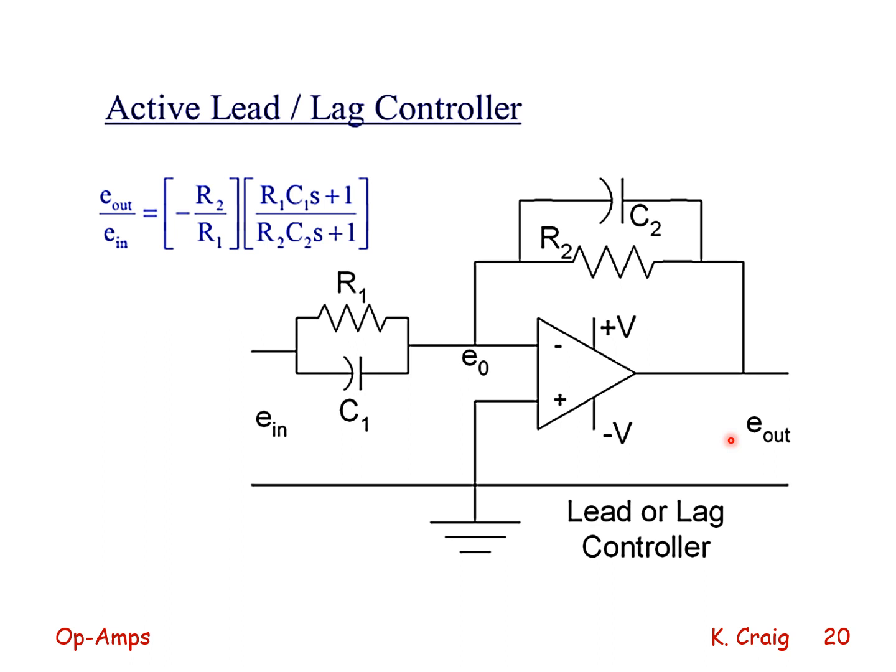Using ideal op-amp golden rules, E out over E in is minus the impedance in the feedback path divided by the impedance of the input path. The result is what I have shown here. Depending on the values you choose for R1, C1, R2, C2, you can get lead or lag analog control functionality.